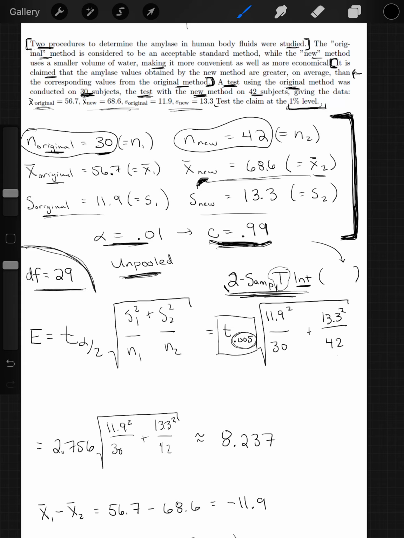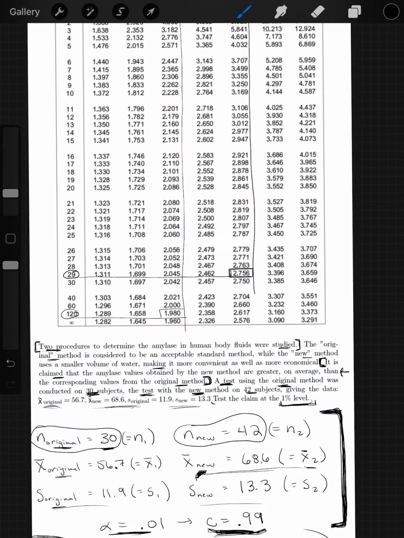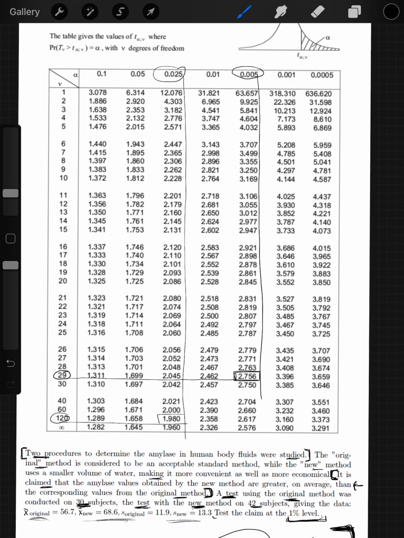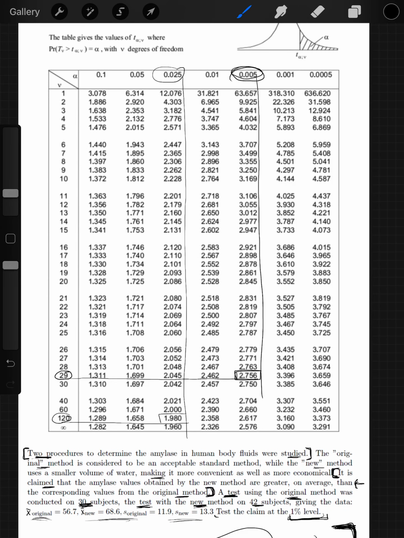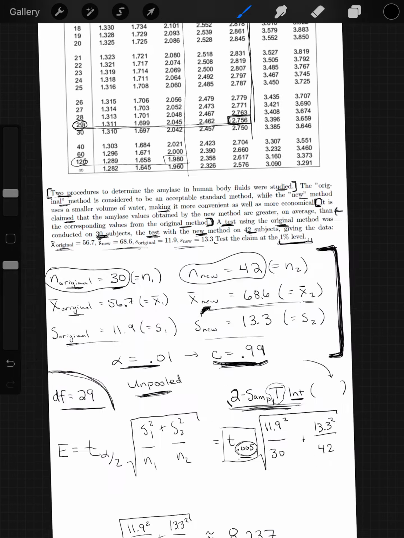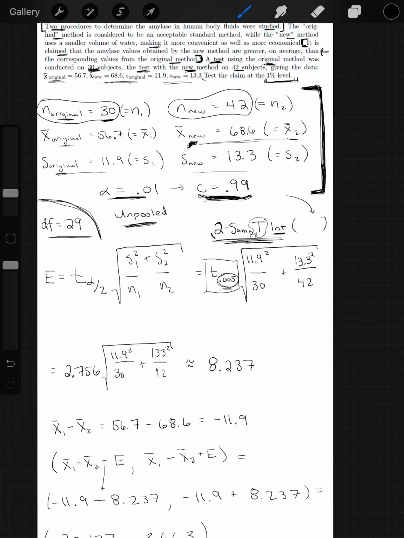So we know our degrees of freedom are 29, and our subscript is 0.005. So if we look back up at our chart, that's why I circled 0.005 and went down, and why I circled 29 and went over, and got 2.756 out of it.